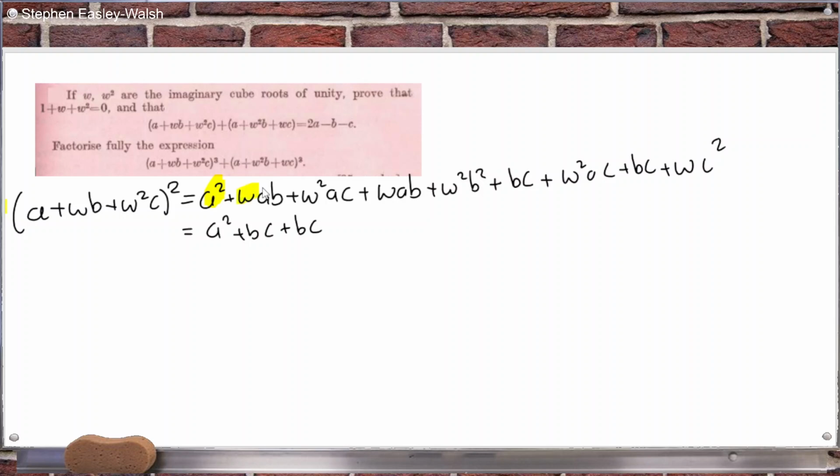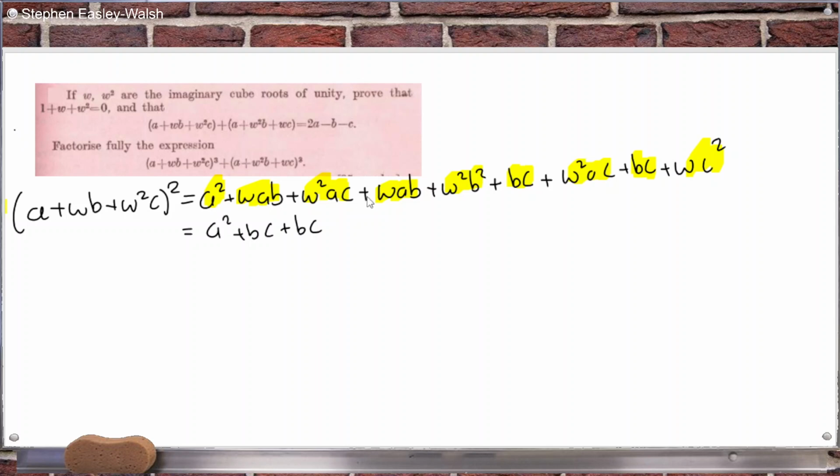A by omega b is omega ab. A by that one is omega squared ac. Then omega b times a, omega ab, omega squared b squared, omega cubed bc, omega squared ac, omega cubed bc, and then omega 4 c squared. Yeah, no, it looks like it checks out.